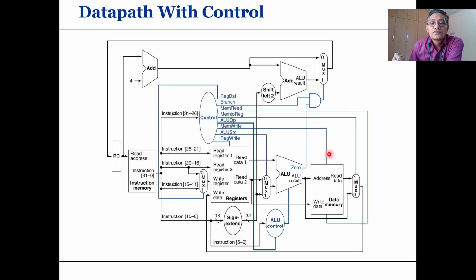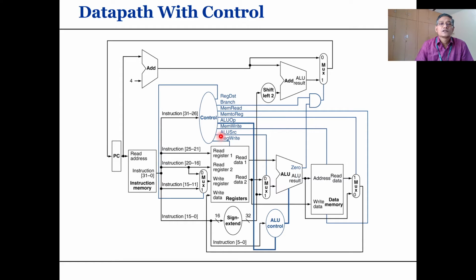Then memory write: if you are going to write data into the data memory, this signal will be initiated. Then ALU source is the control signal to the corresponding multiplexer, deciding whether the input is taken directly from the register or through the sign extension unit.